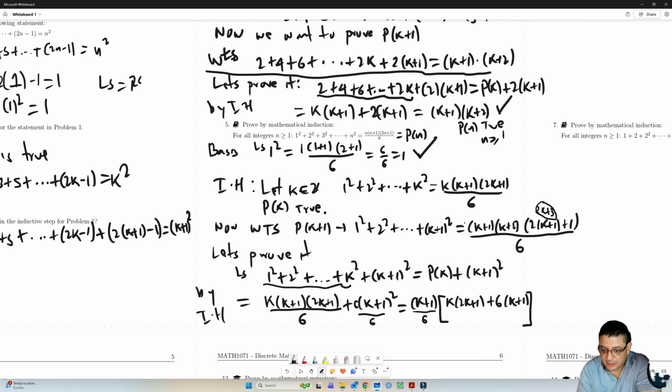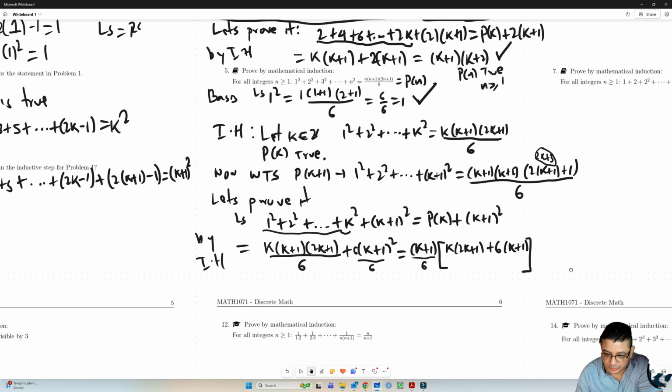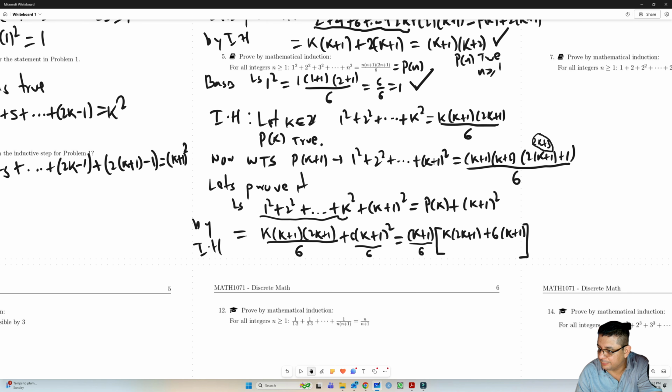And so now we're going to simplify this little piece. Notice that this is going to be equal to k plus 1 over 6. And this, if I multiply all this, is going to give me 2k squared plus k.